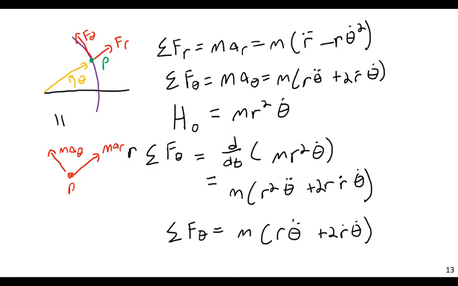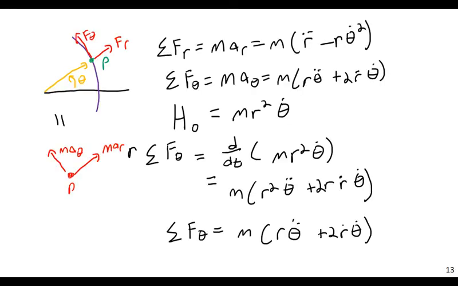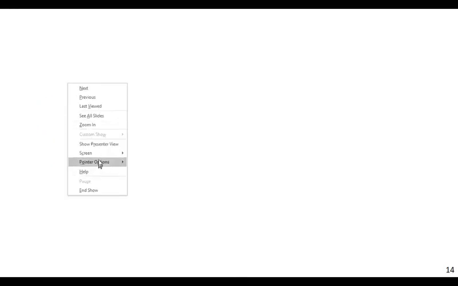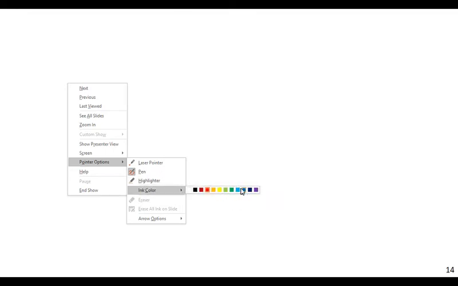Okay, so let us look more at the angular momentum of a particle. So angular momentum of a particle, we do actually have a slightly better way of getting this. Let's see. So the angular momentum of a particle, continued.